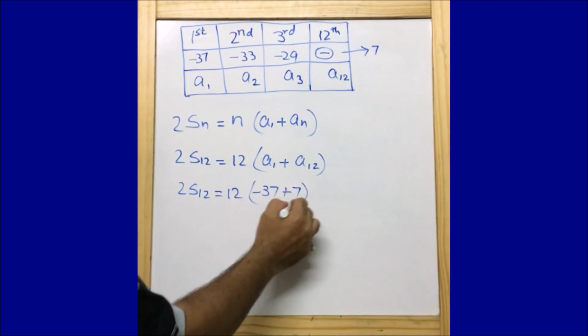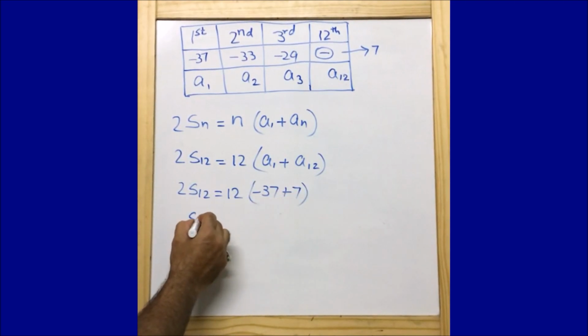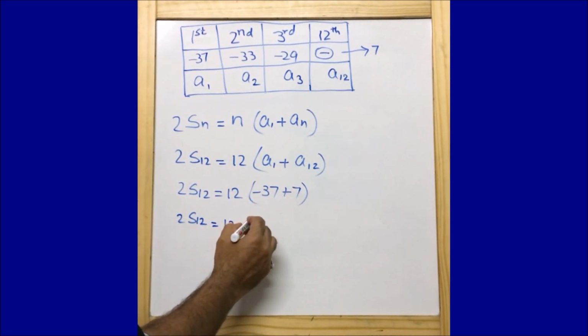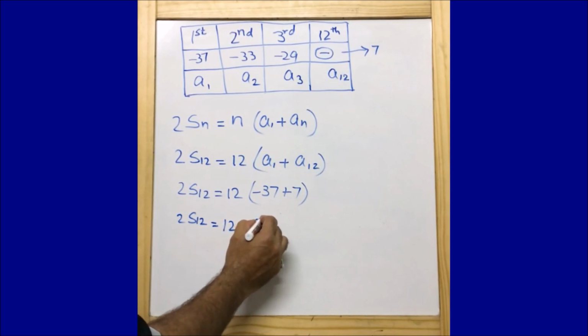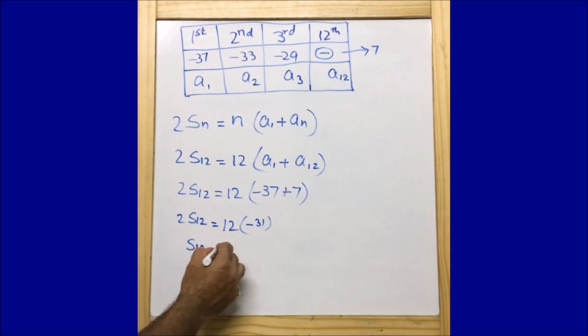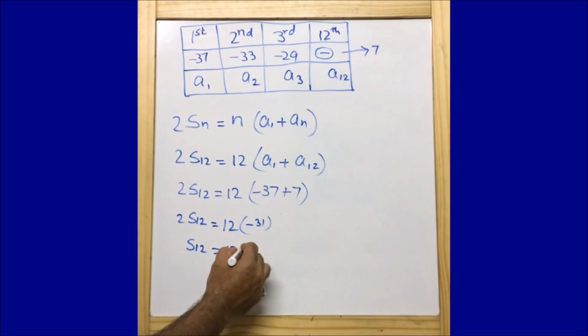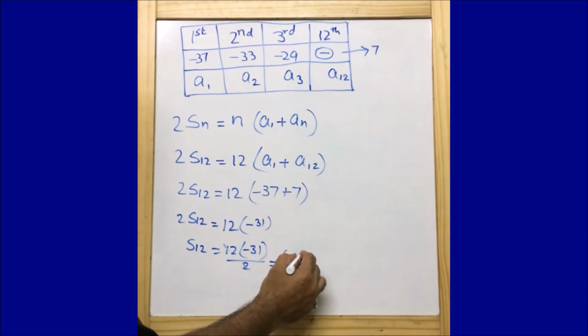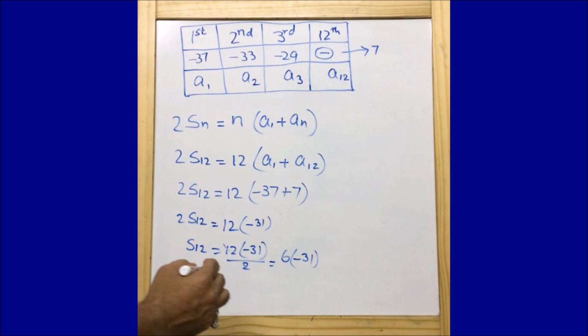So, I can write S12 is equal to 12 into minus 37 plus 7 by 2.